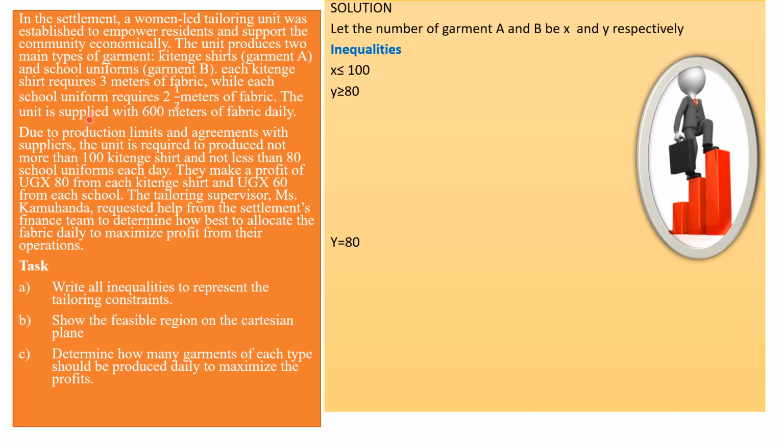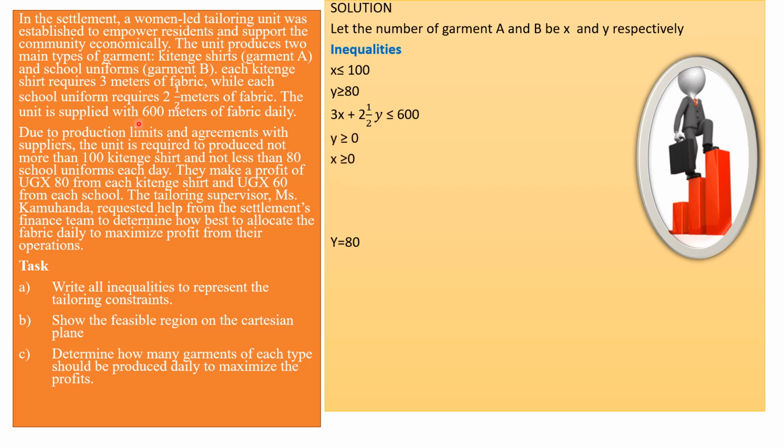So you can see that for this condition, they're not giving us even the statement that can easily open our eyes to use an inequality symbol. So here we shall have 3x plus 2.5y is less than or equal to 600.